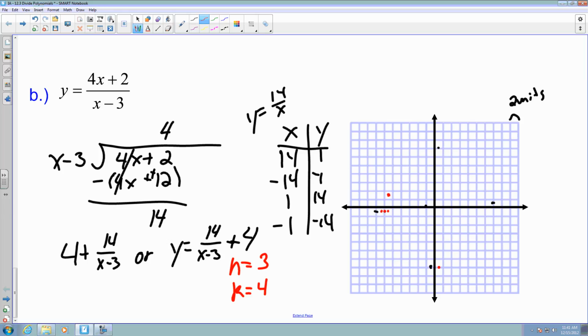So these red points are going to be my new plotted points. So it'll kind of look something like this and something like that.